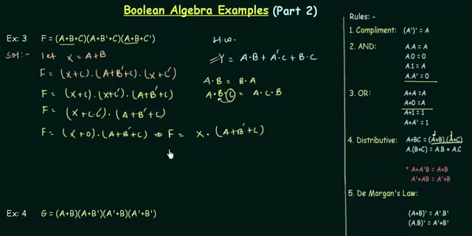Now we assumed x equal to a or b, so I will replace it by a or b. So a or b and a or b complement or c. Again we will use the distributive law because a is common. So using the distributive law, I have a or b and b complement or c.